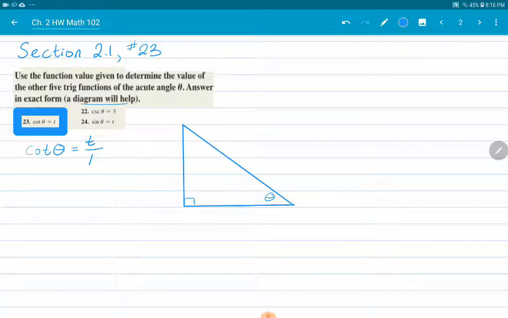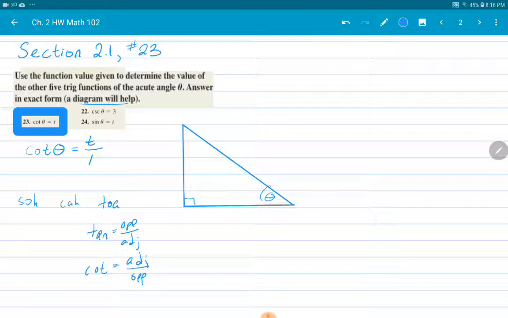And then cotangent is, remember SOH CAH TOA, that tells me that tangent is opposite over adjacent, which means that cotangent is adjacent over opposite.